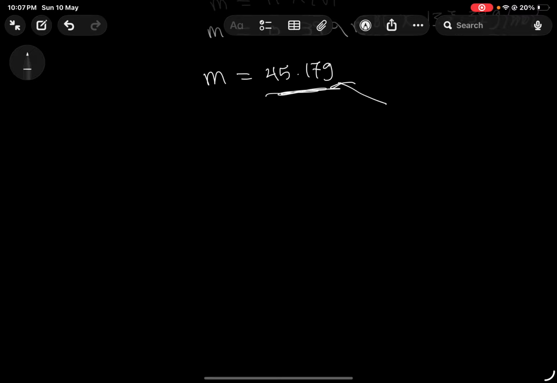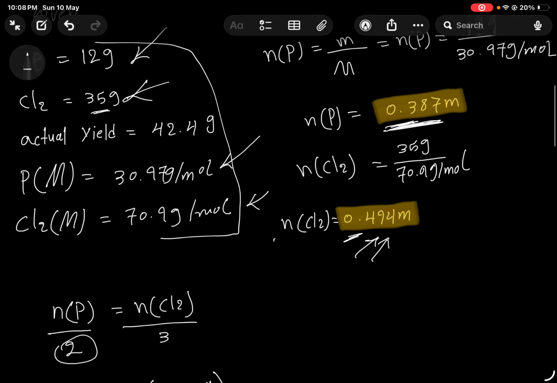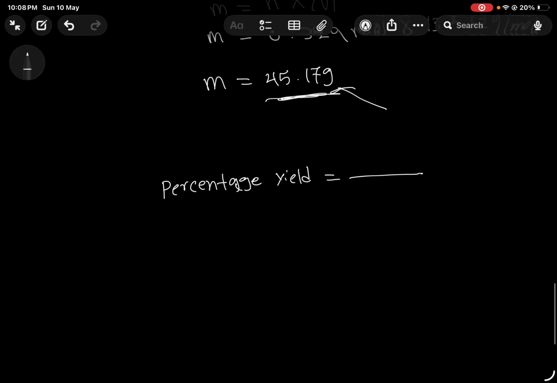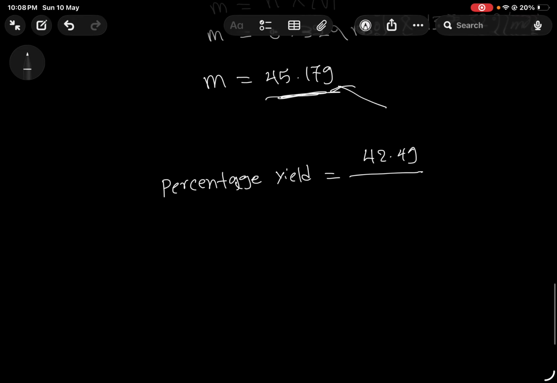The percentage yield is equal to the actual yield, which was given to you in the beginning, 42.4 grams, divided by the theoretical yield, 45.17 grams, times 100. So this was the general formula.